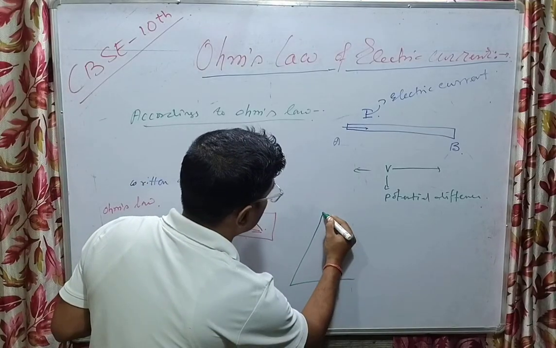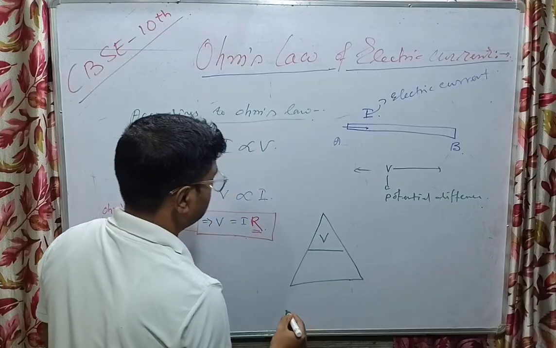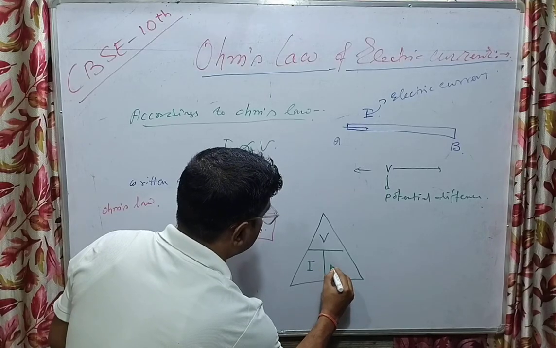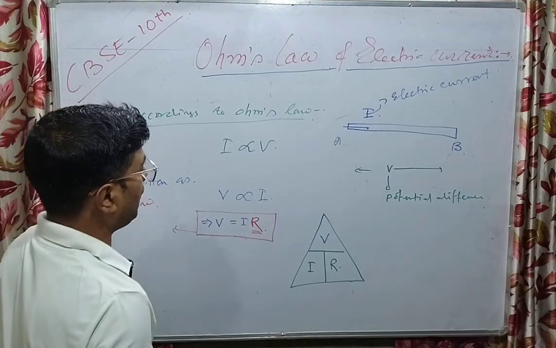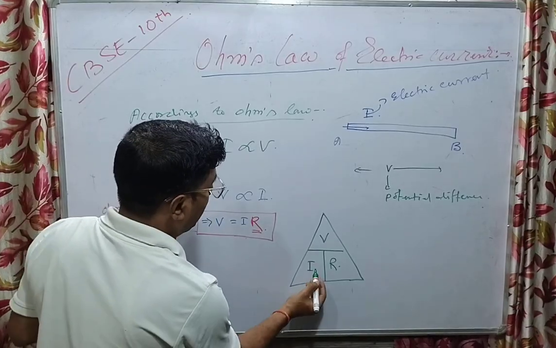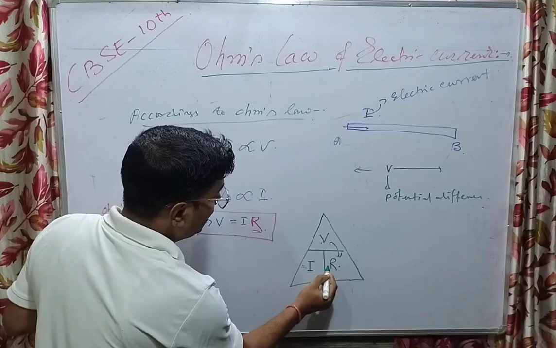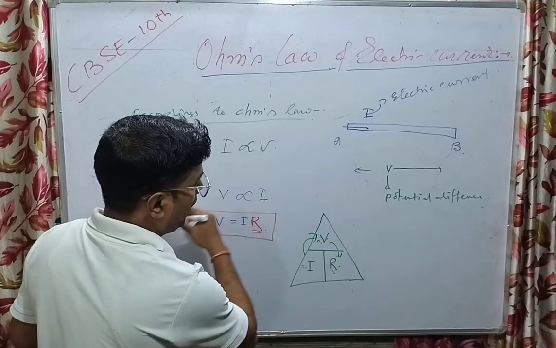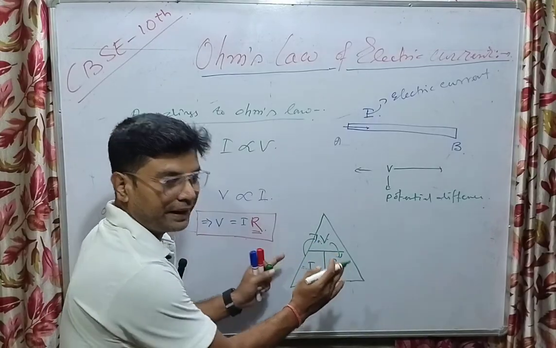Suppose this is V and I into R. V is equal to I into R. If you have to calculate I, I is equal to V by R. And if you have to calculate the value of resistance, then R is equal to V by I. You can memorize this easily by this method also.